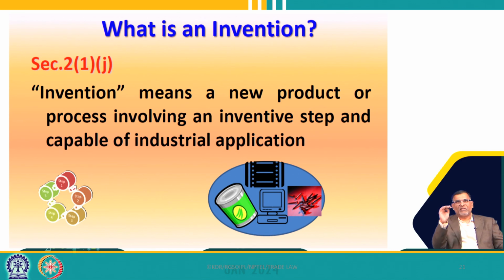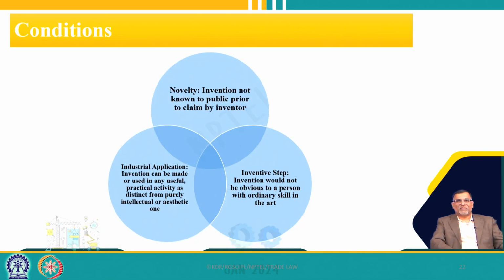So, in India there are process patents as well as product patents. So, registration can be made for processes as well as products, which comply with two criteria. One is the inventive step and second is industrial application. So, this definition is completely in consonance with the TRIPS agreement.